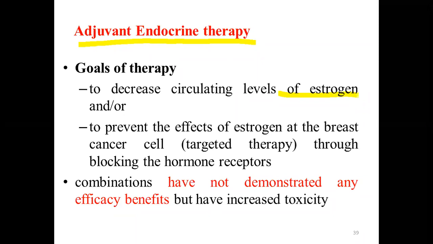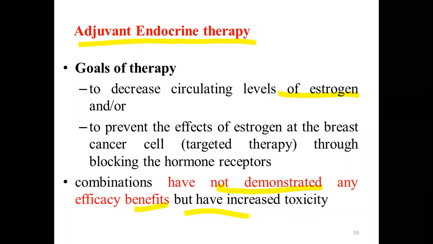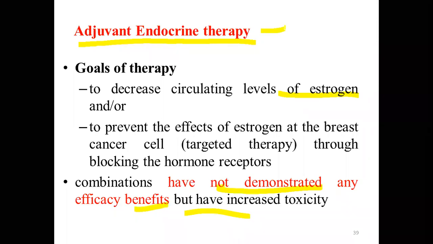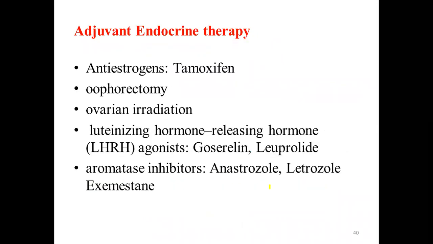We do have different endocrine therapies, but I will talk about the most common ones in our setting. Remember, combination therapy has not demonstrated any efficacy benefit for endocrine therapy, so we don't combine them. But if tamoxifen is not effective, we can switch to another endocrine therapy. We don't combine because according to randomized controlled trials, combination does not have any benefit, rather it increases toxicities. So what are the most common endocrine therapies?